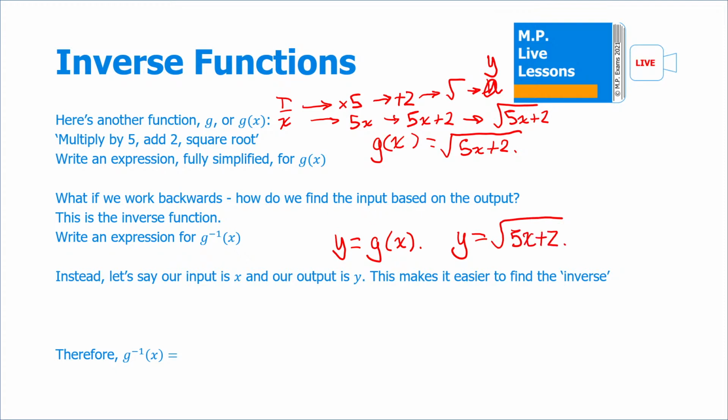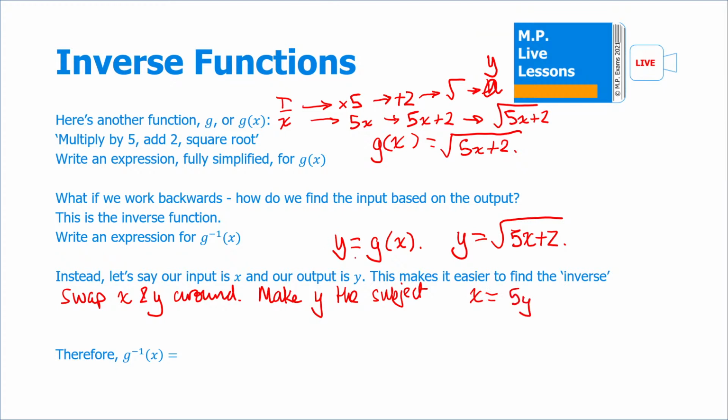And what we do is we swap x and y around, and then make y the subject. Or you could do it in a different order. You can make x the subject, then swap them around. In this case, I'll swap them around now. So I'll get x is equal to the root of 5y plus 2.